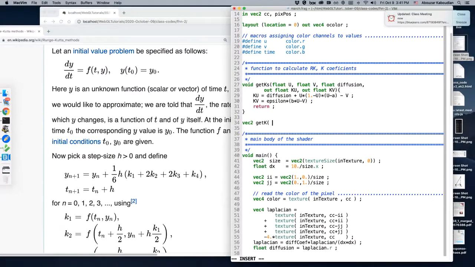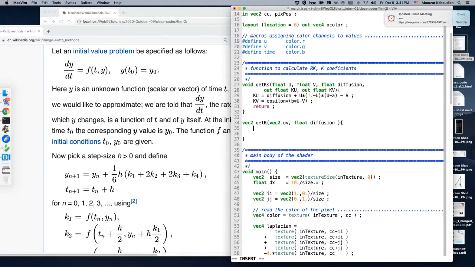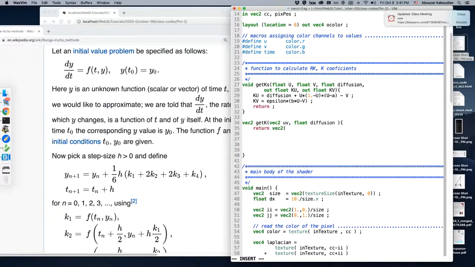I just write this function get k that gets vector 2 types of UVs, and then a float variable of diffusion, and instead of returning nothing, it actually returns a vector 2 type variable.